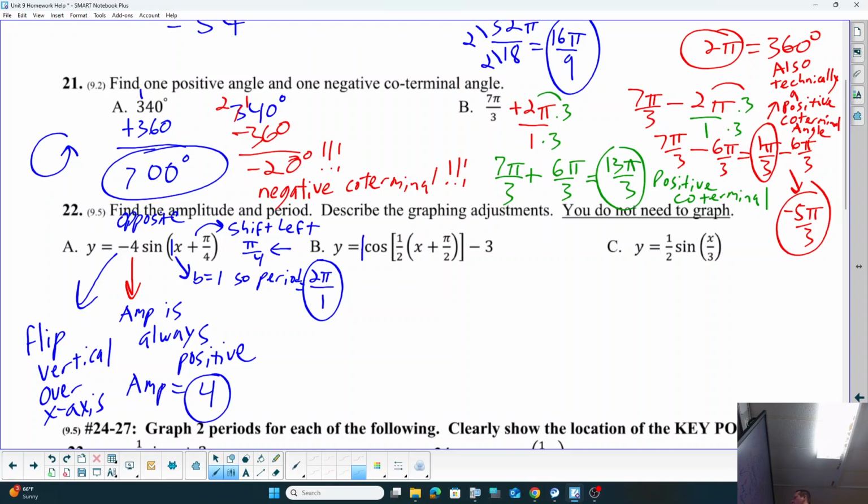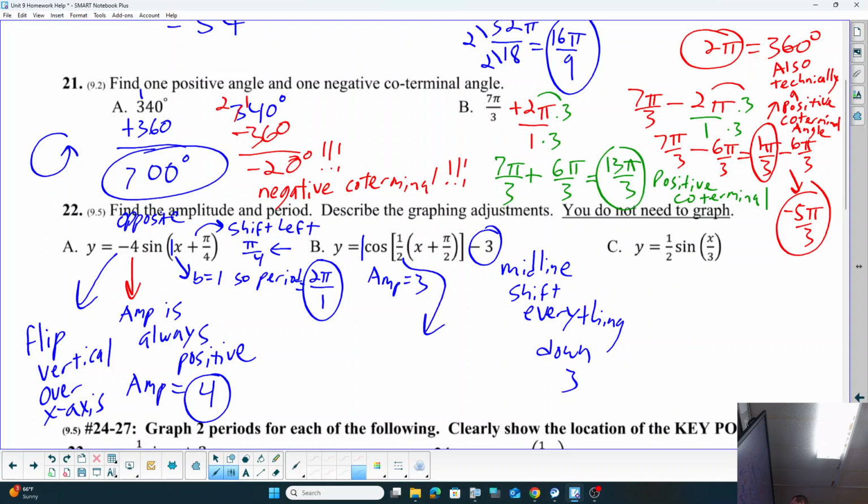Cool. Amplitude is 1. Midline: this number right here means we're going to shift everything down 3. So that's the period.